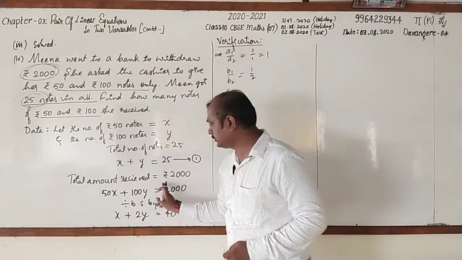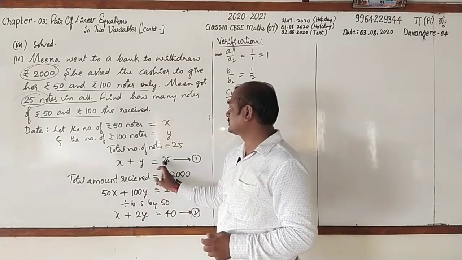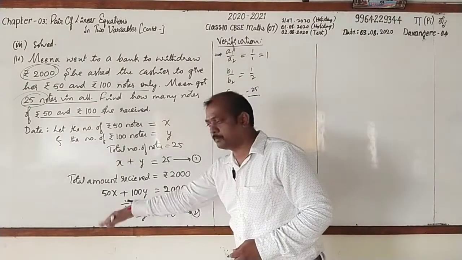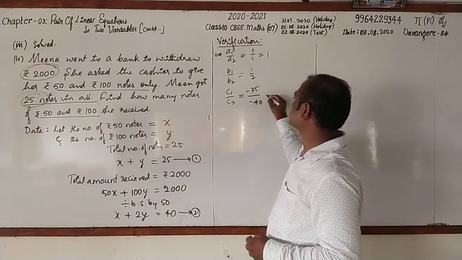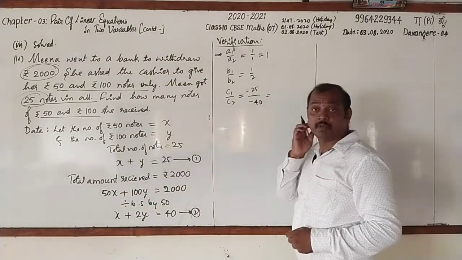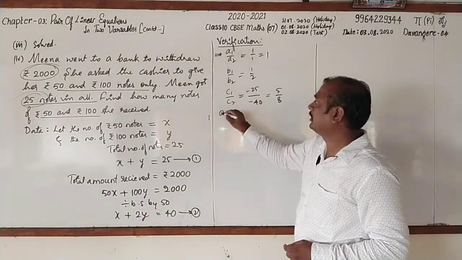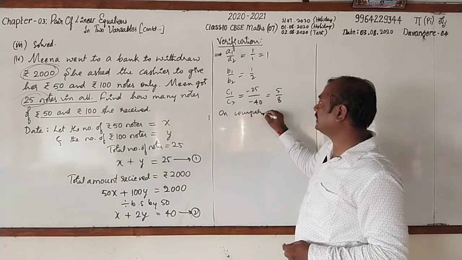And c1 by c2, it is minus 25 by minus 40, which is 5 by 8. Compare.